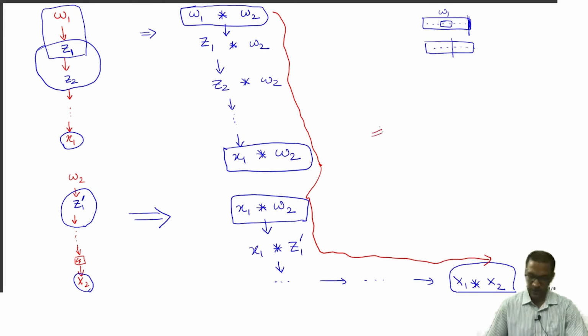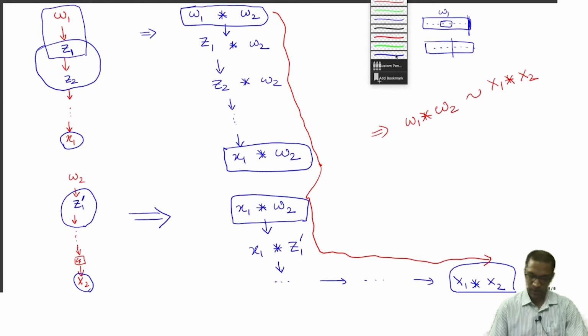So what this means is that W1 star W2 is in fact equivalent to X1 star X2, as required. So on my set G, the binary operation that I have defined is, at least it makes sense, well defined.